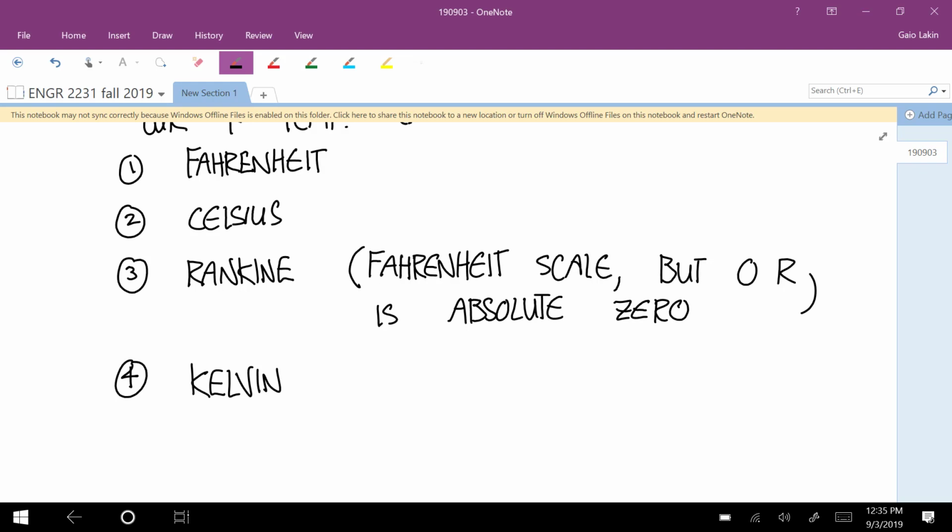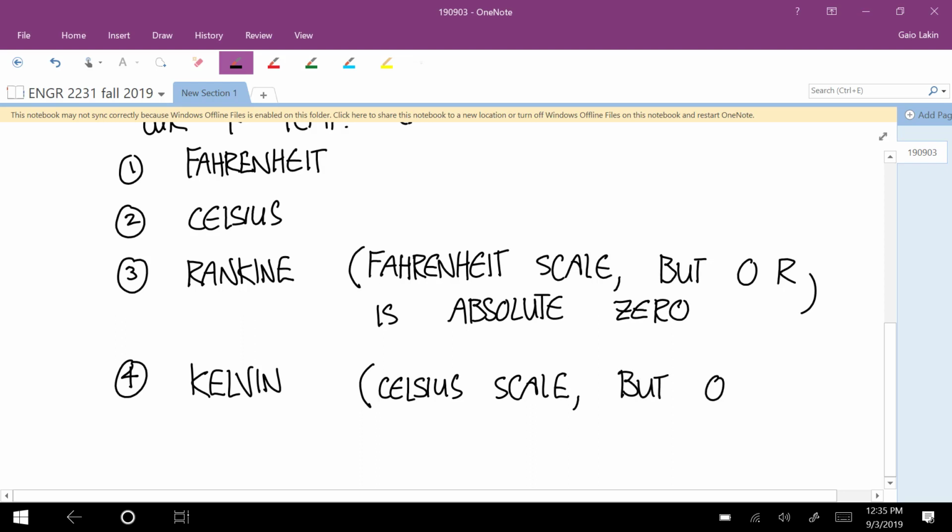And Kelvin is the Celsius scale, but 0 Kelvin is absolute zero. So 0 Kelvin is absolute zero.